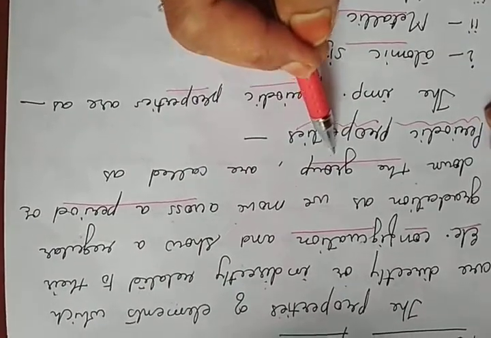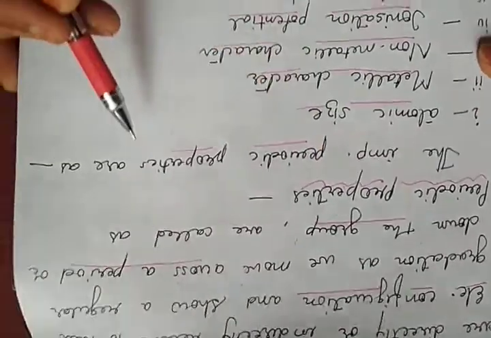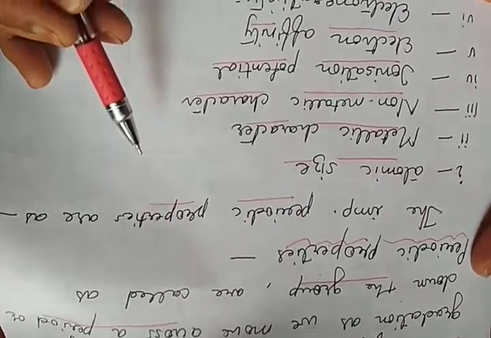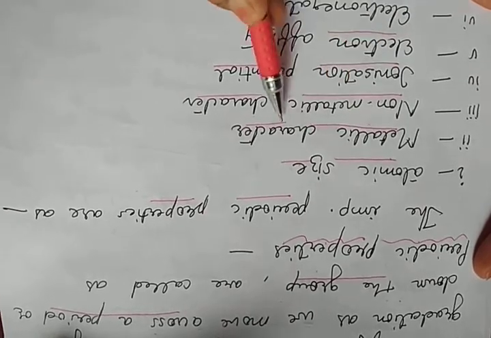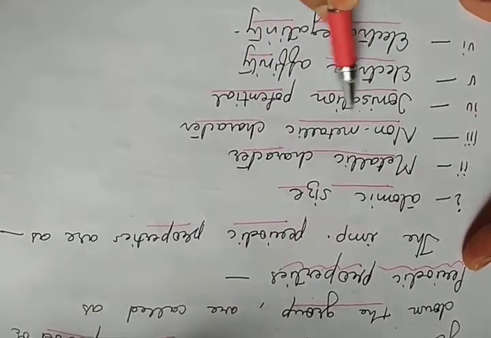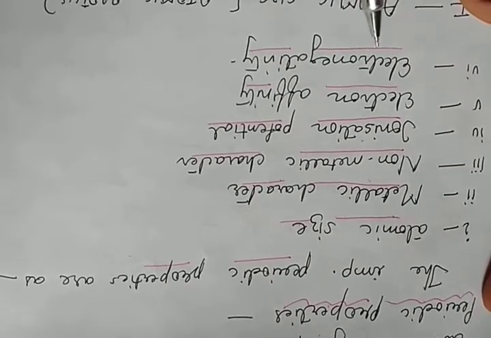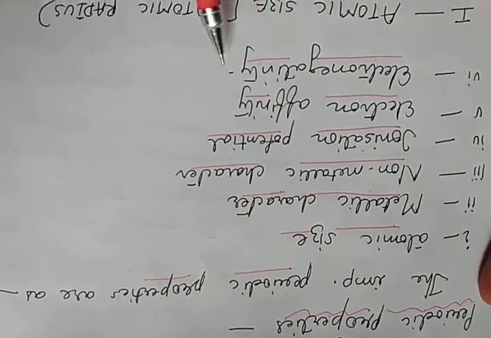Those properties are known as periodic properties. In our syllabus, 6 important properties are included. Let me repeat them again. The first one is atomic size, second is metallic character, third one is non-metallic character, fourth is ionization potential, fifth is electron affinity, and sixth is electronegativity.